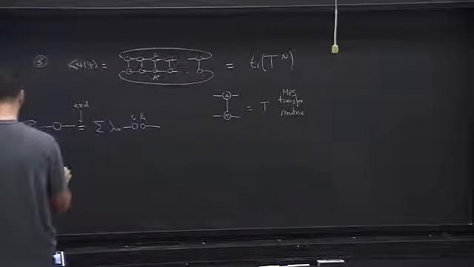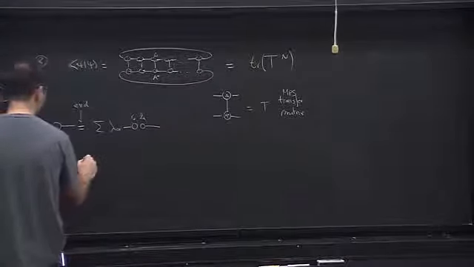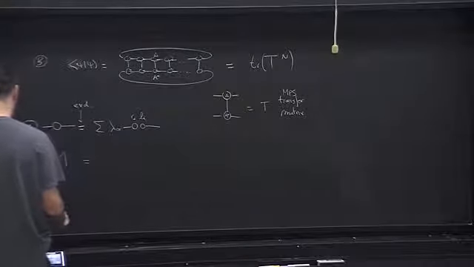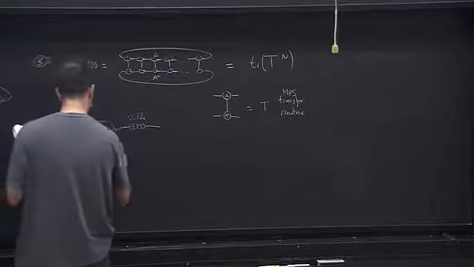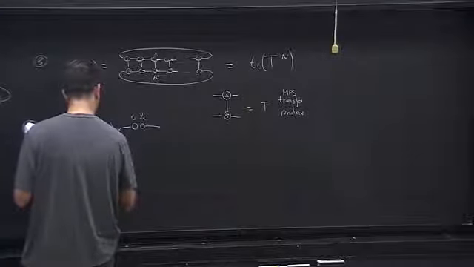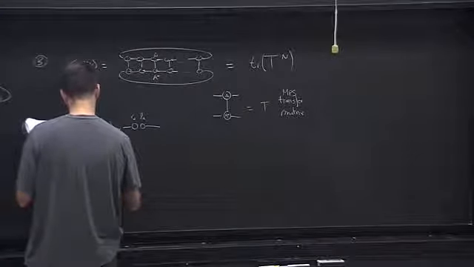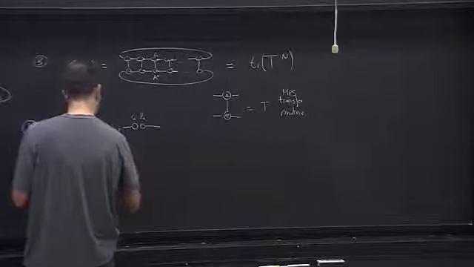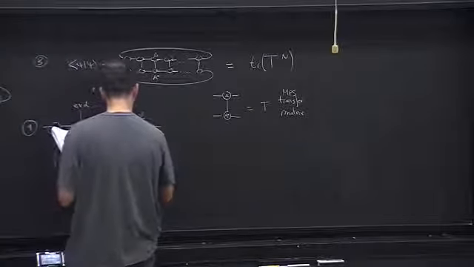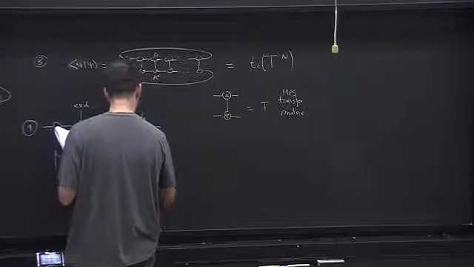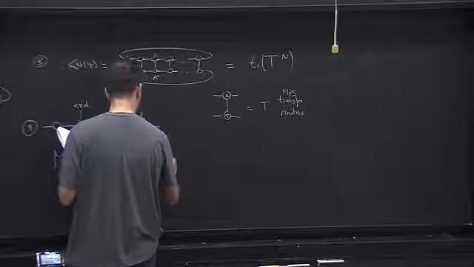Let me write it in standard notation. Given a matrix M, we can decompose it as a sum over some index alpha of its eigenvalues, lambda alpha, and then right and left eigenvectors.